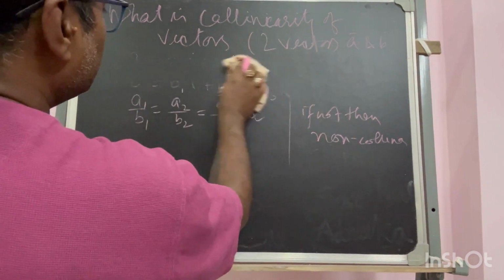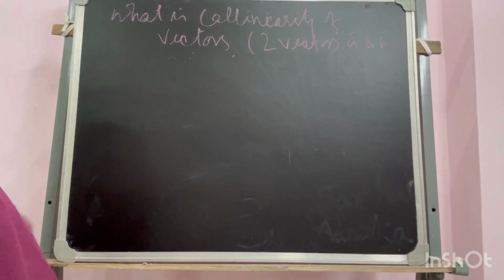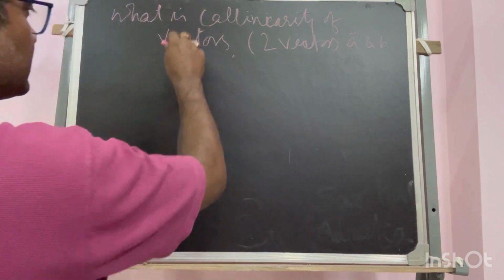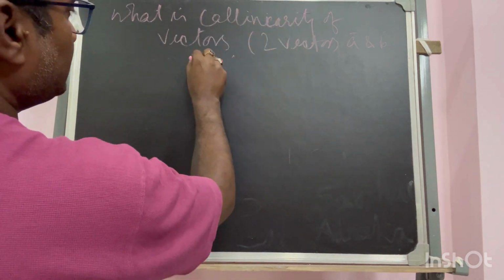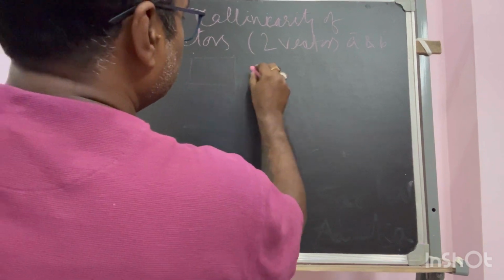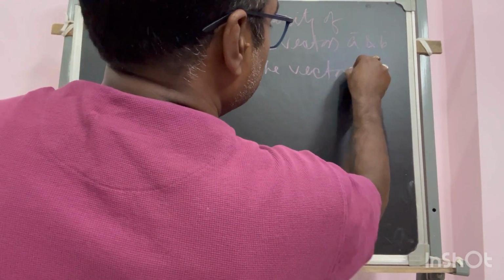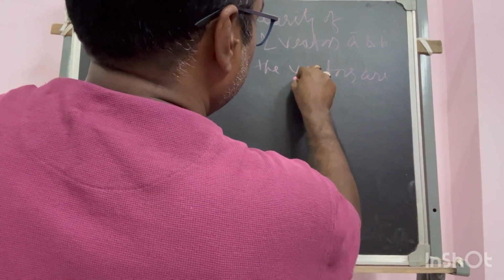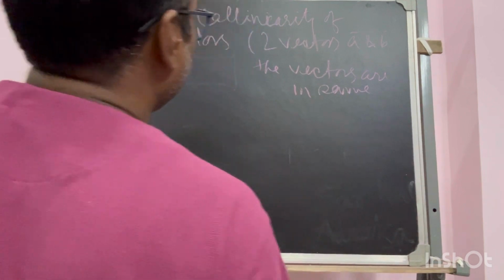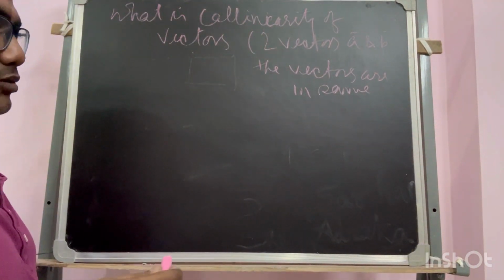Then if the vectors are collinear, we definitely can represent any other vector. And first thing is that for collinearity, the vectors have to be in the same plane. So this is the condition of collinearity or non-collinearity, whatever you say.